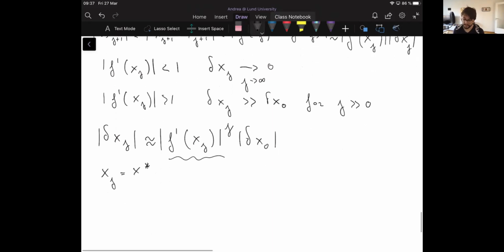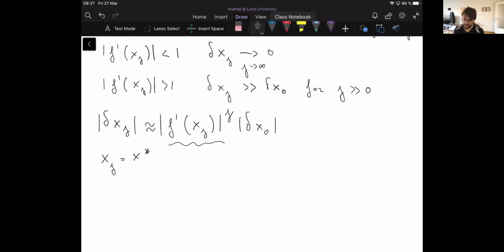But if I pick the fixed point, then f prime at the fixed point continues to be fixed iteration after iteration, while the point slightly away from the fixed point, if f prime is greater than 1, will diverge and grow apart from the fixed point.